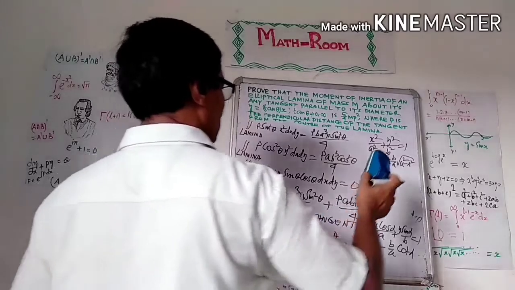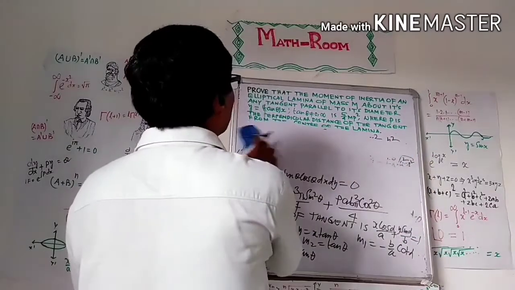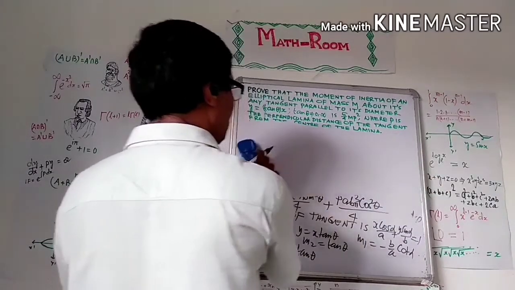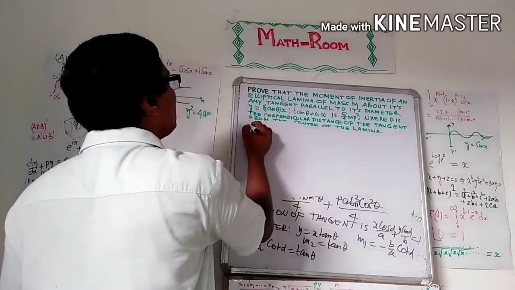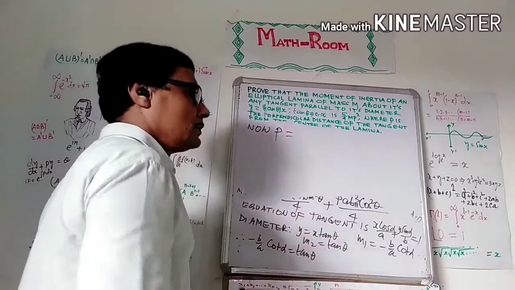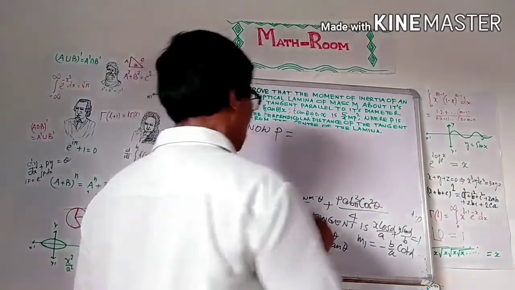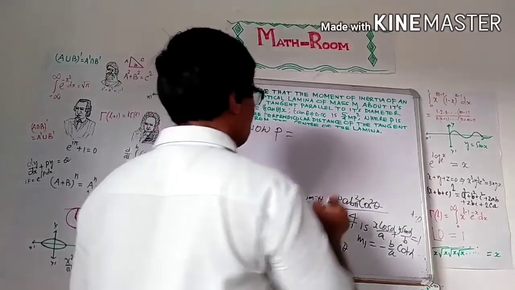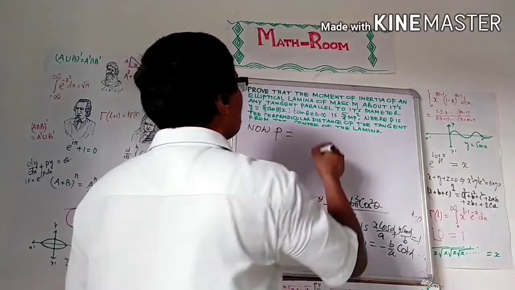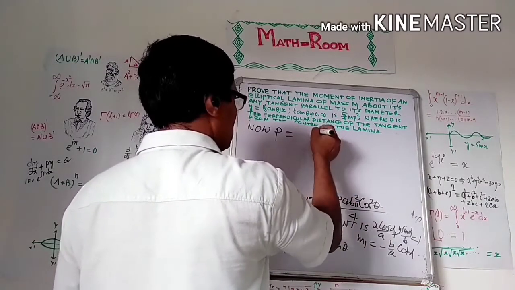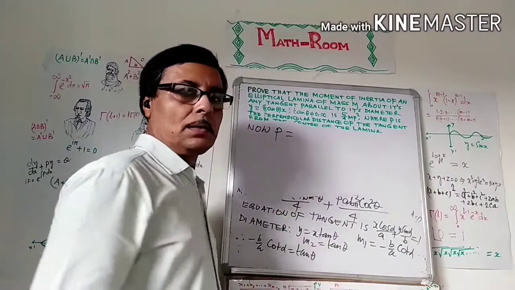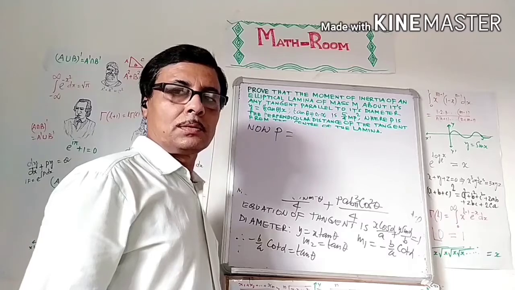Now we also write the distance of the tangent from the center of the lamina. The coordinate of the center of the lamina is 0, 0, that is the origin.